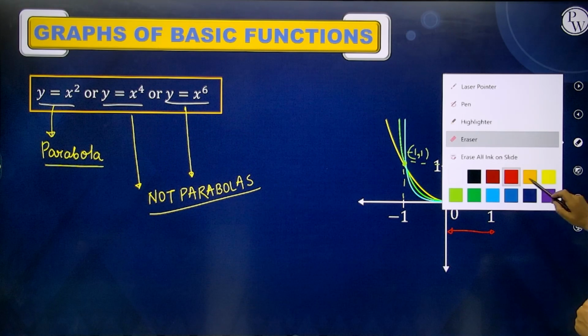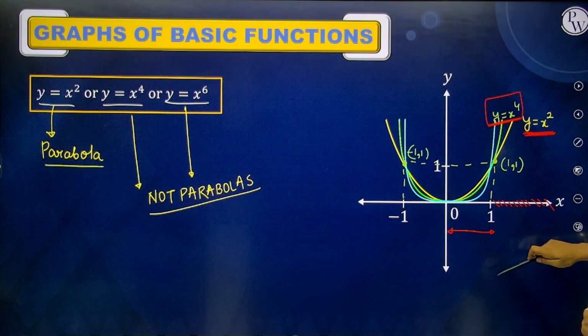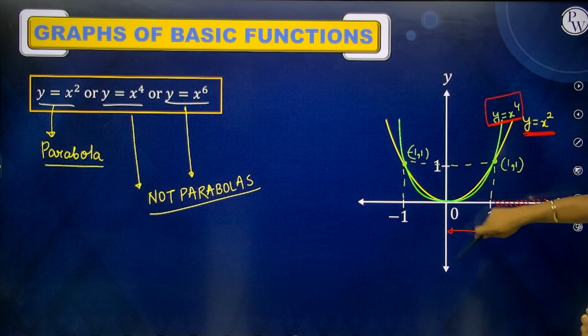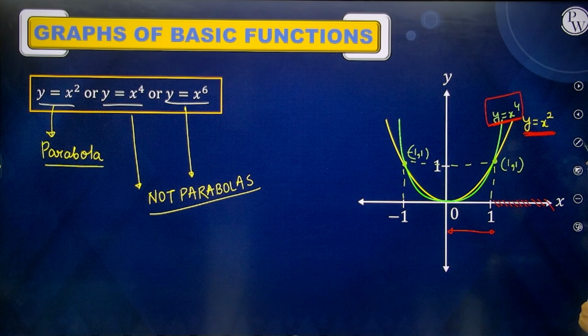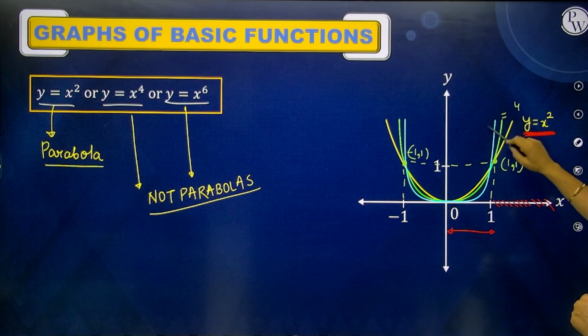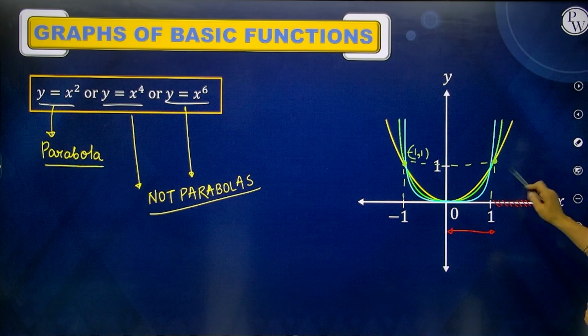Okay, if you would like to draw the graph of y equal to x to the power 6, what will happen? Can you guys feel it? How the graphs will be looking like, everyone? Try to feel it. If you want to draw these 3 graphs in a single graph paper, what is going to happen?